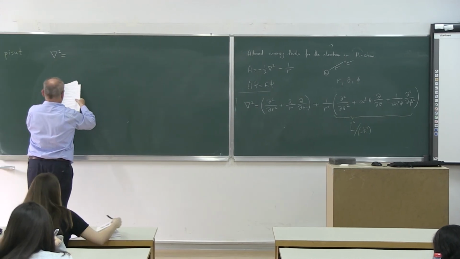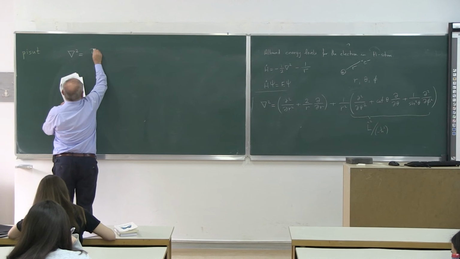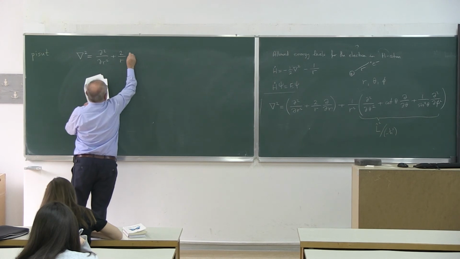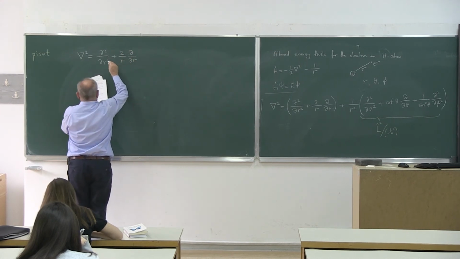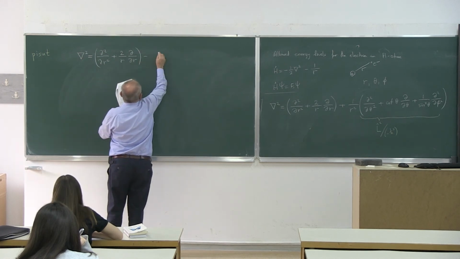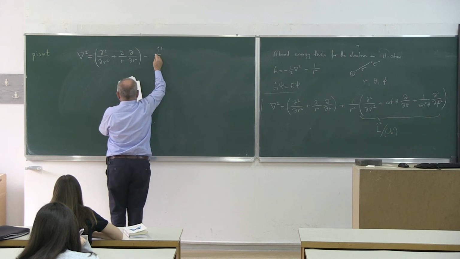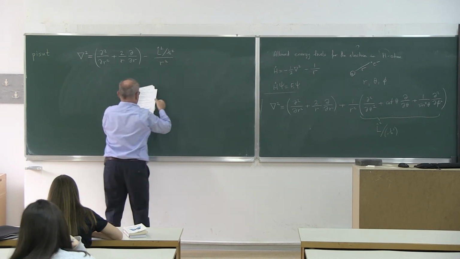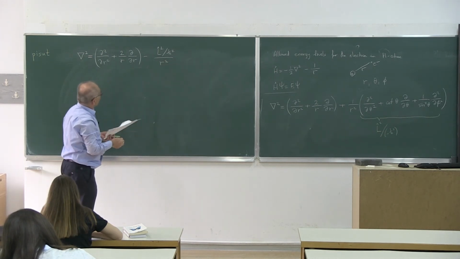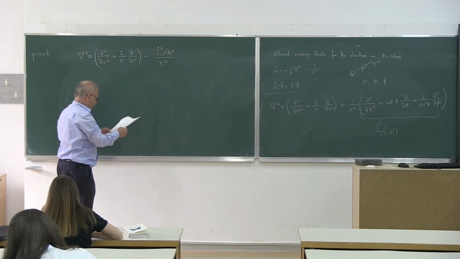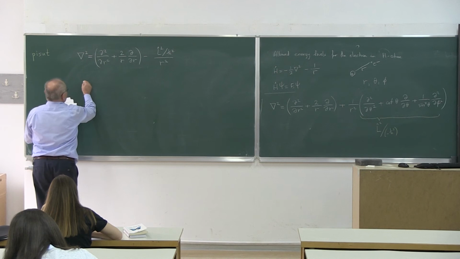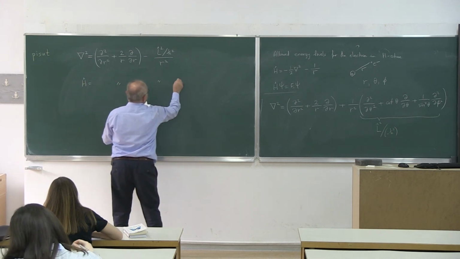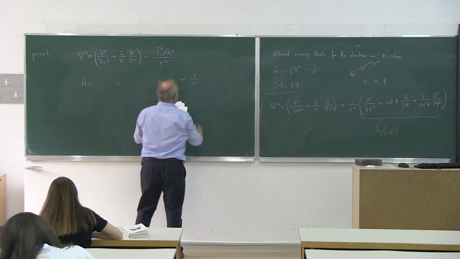So the Laplacian operator takes the following form: an r-dependent part and the angular part. The Hamiltonian is this expression, with minus 1 over r.